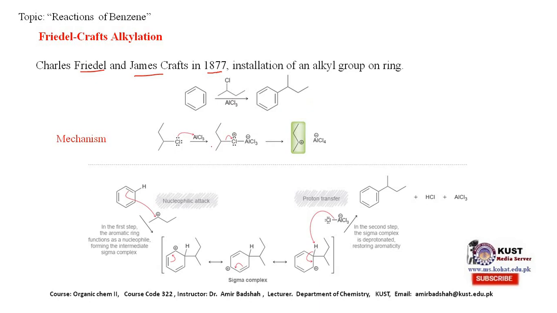Mechanistically, it has been shown here that aluminum chloride acts as a Lewis acid. It takes electrons from this chlorine, and from this complex, electrons are shifted here, and we get a cation which acts as an electrophile.